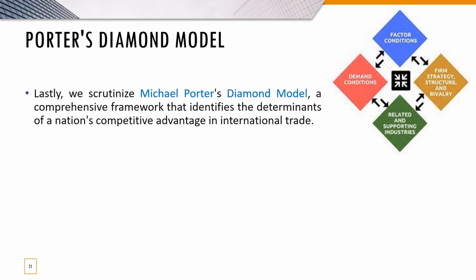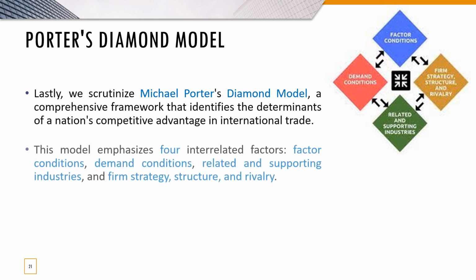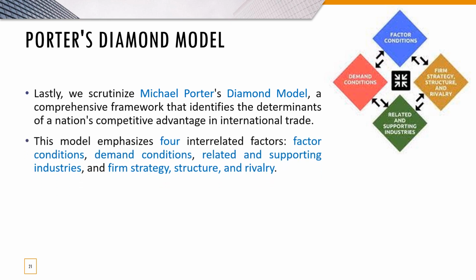Lastly, let us scrutinize Michael Porter's Diamond Model, a comprehensive framework that identifies the determinants of a nation's competitive advantage in international trade. This model emphasizes four interrelated factors. 1. Factor conditions. 2.